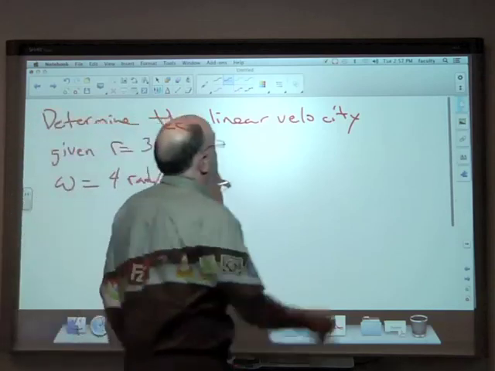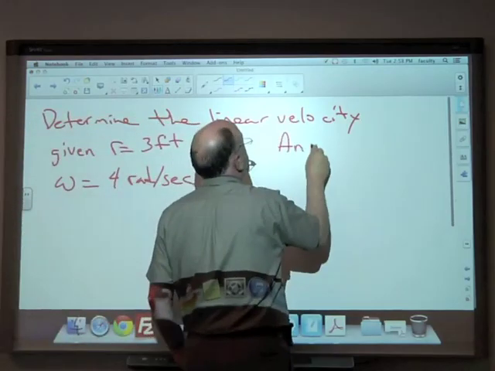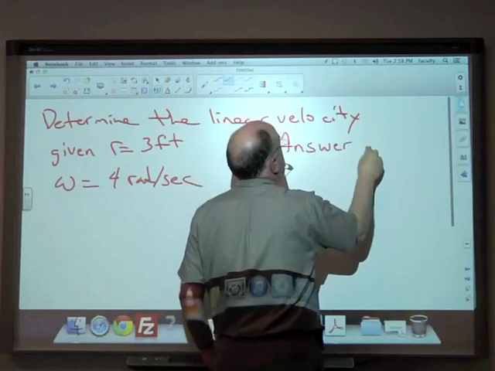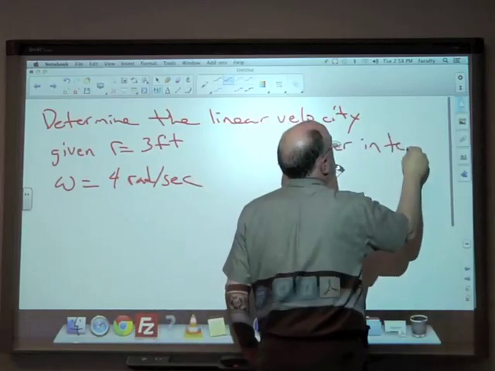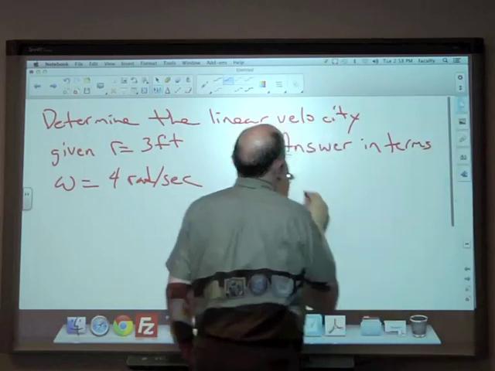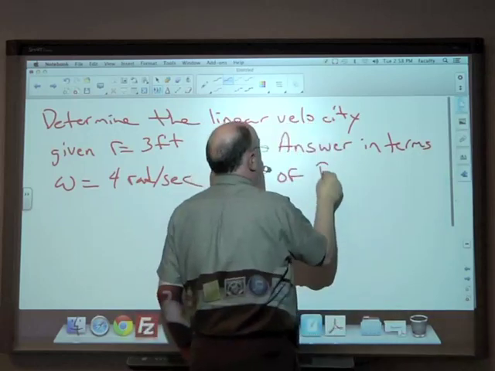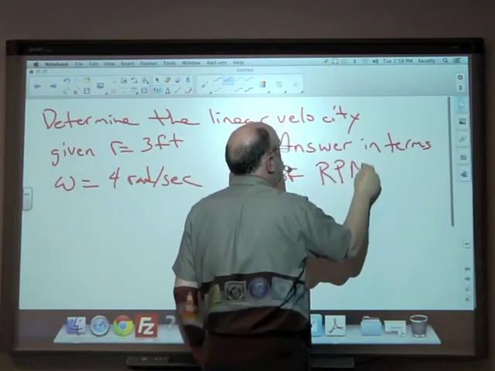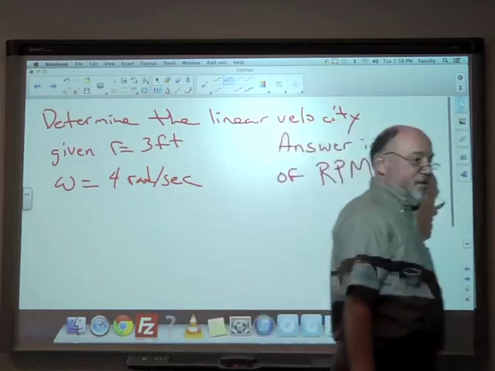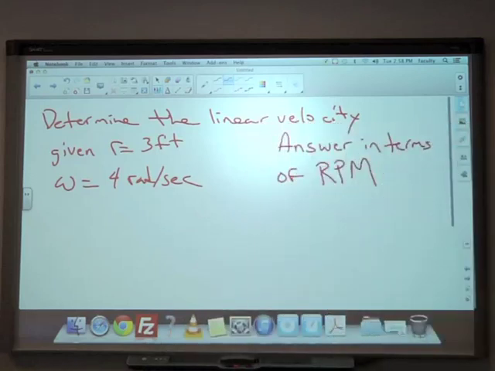And I want the answer in terms of RPM. We know what RPM stands for, right? Revolutions per minute. Very good.